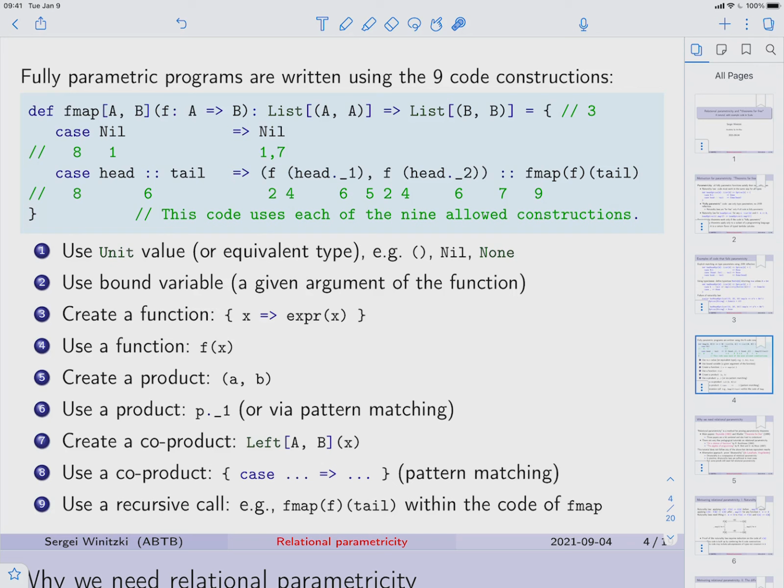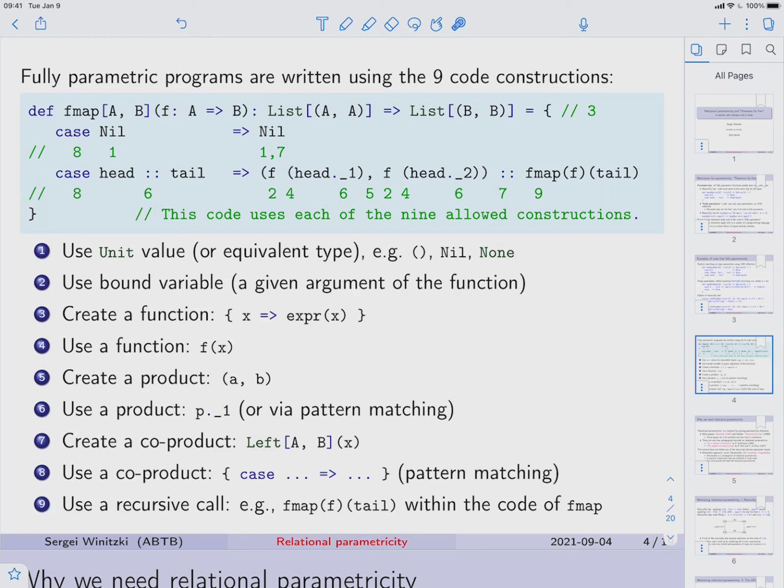That is a recursive call. And this is an example of a small program that is written using these code constructions. So this is an fmap method for a list of pairs. And the type signature is standard. You take a function from A to B, you return a function from list of A to list of B.